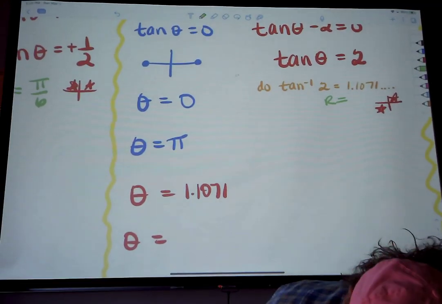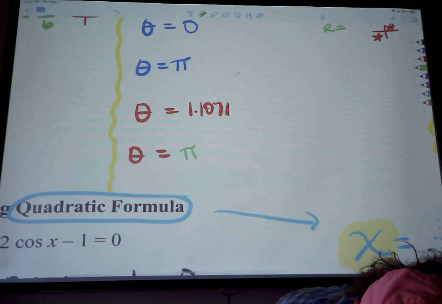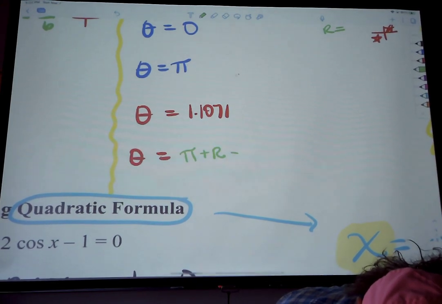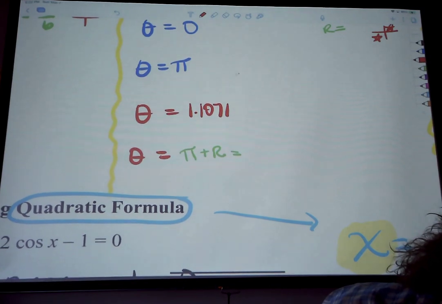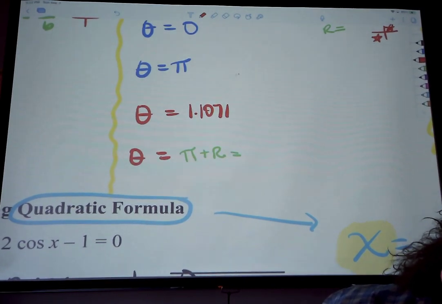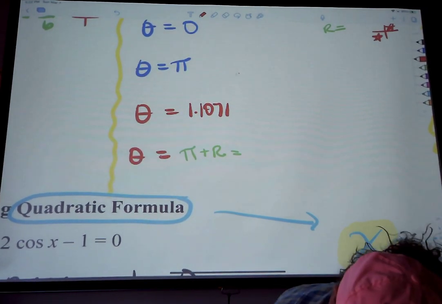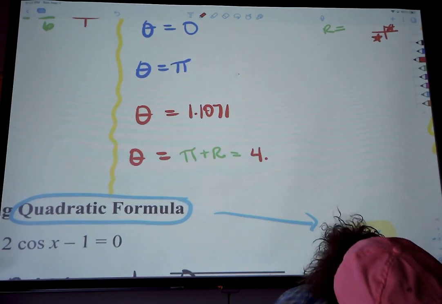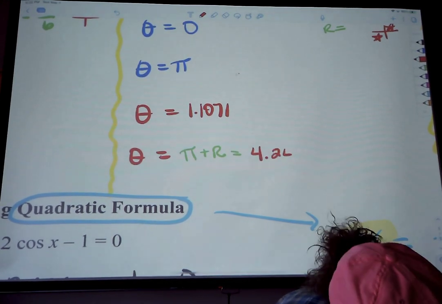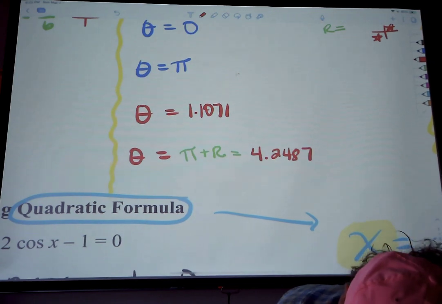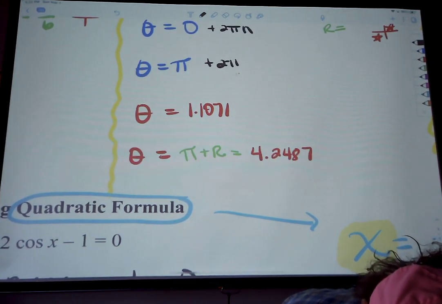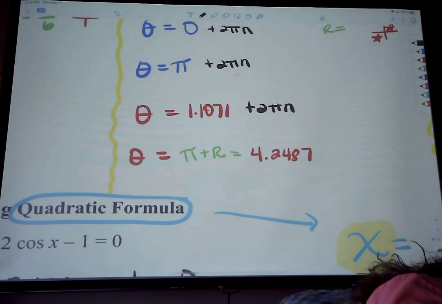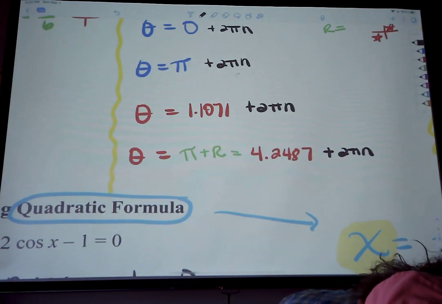So to get my answer, I'm going to go pi plus my reference angle, plus pi. And I get 4.2487. There you go.